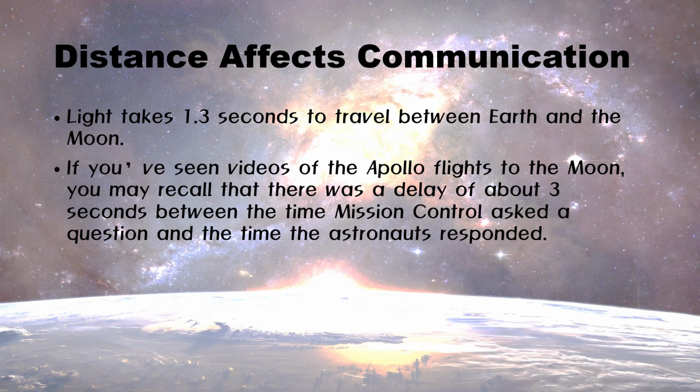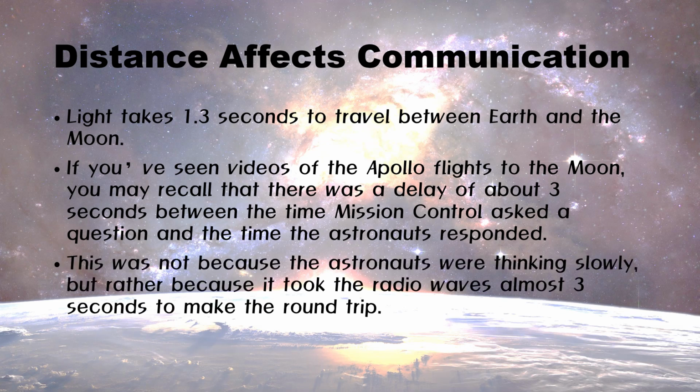Well, that's not simply a work of fiction, and it's not because the astronauts need more time to process and produce a response, but it literally took 3 seconds for the radio waves to make that round trip between mission control and those astronauts. And that's, again, just the distance between the Earth and the moon. If we had something even farther away, that time would increase even more.